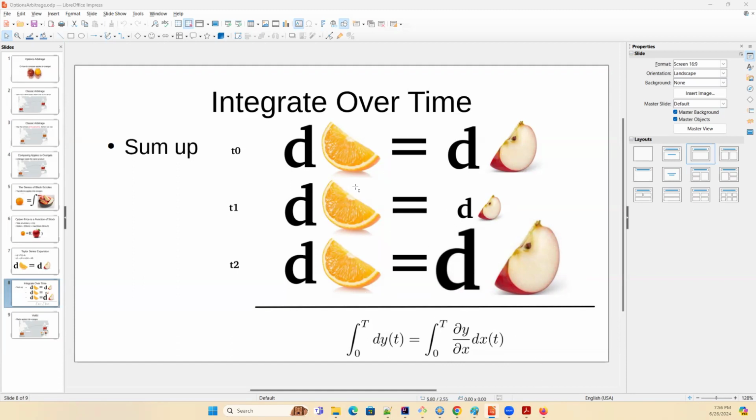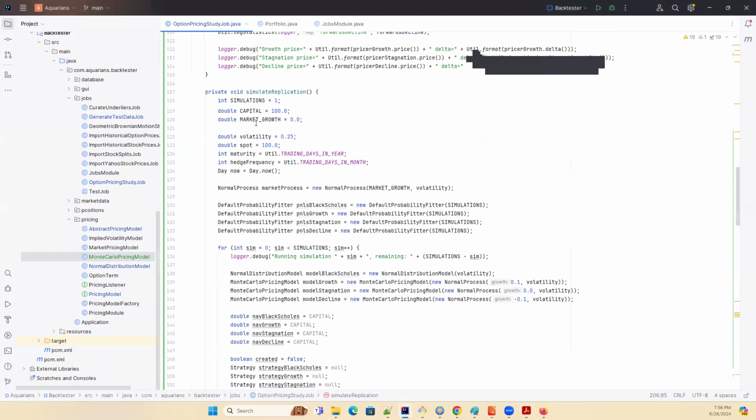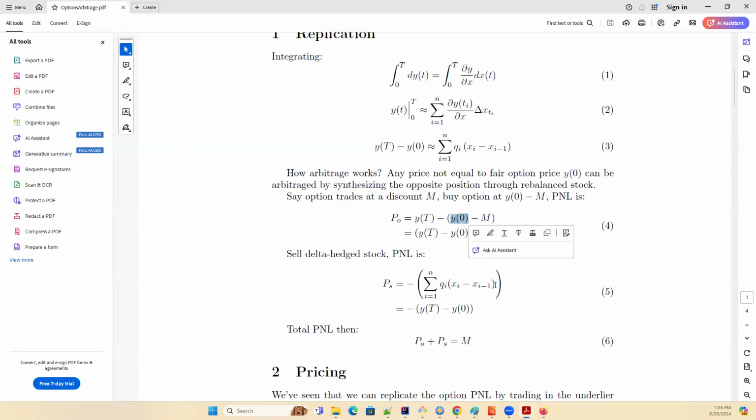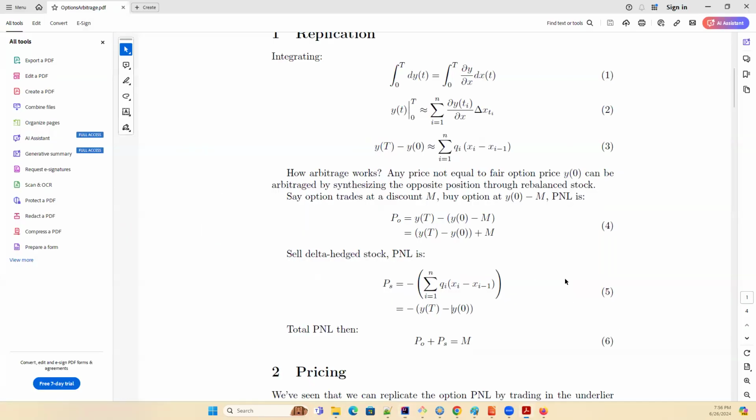The problem that we had was what pricing model to use when the stock price can have different processes, like a growth rate positive, negative, or 0, but we have proven that we have to use a growth rate of 0.